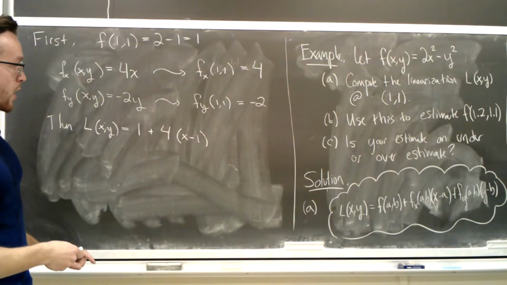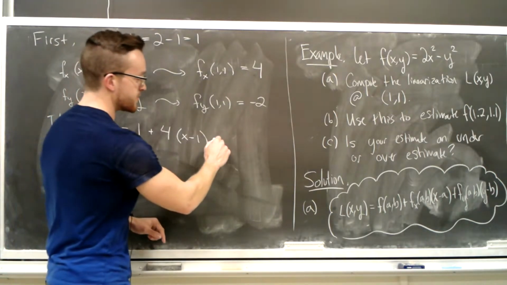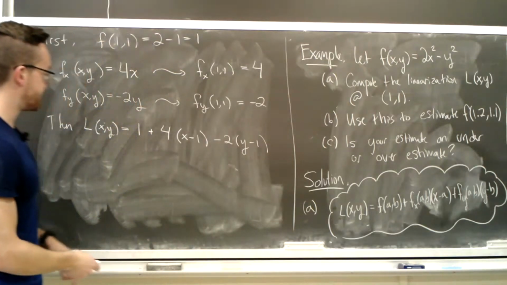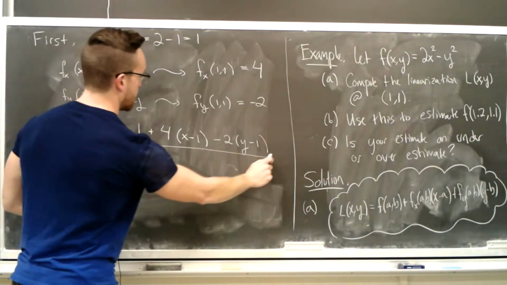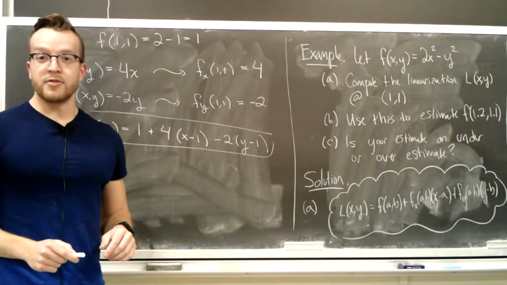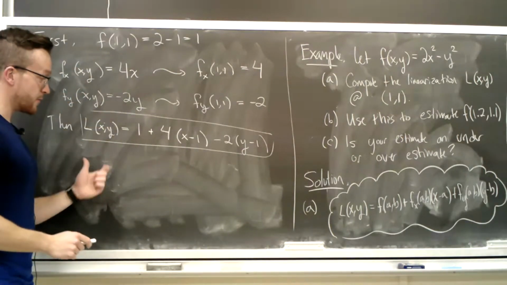And then the y derivative was negative 2, so this will be negative 2 times y minus 1. Okay. That's the linearization formula.